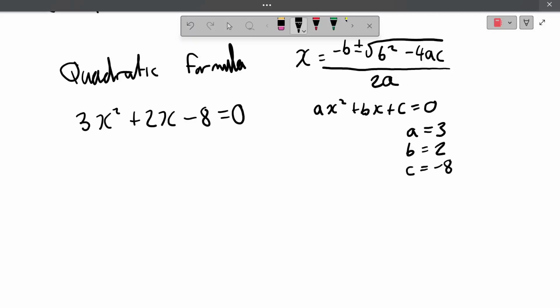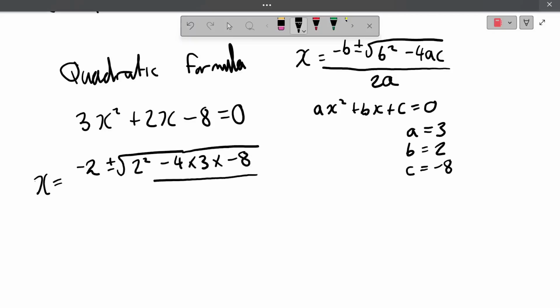And then really all we do now is plug in the values. So we have x equals minus b, which is minus 2, plus and minus the square root of b squared, which is 2 squared, minus 4 times 3 times minus 8, all over 2 times 3.